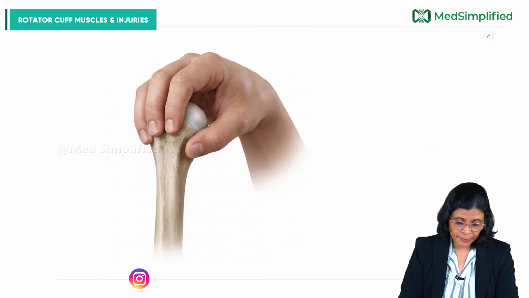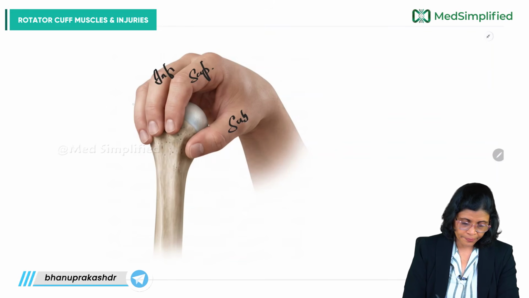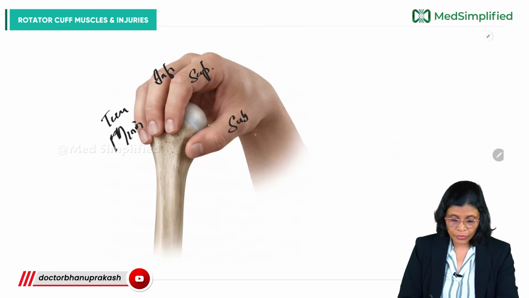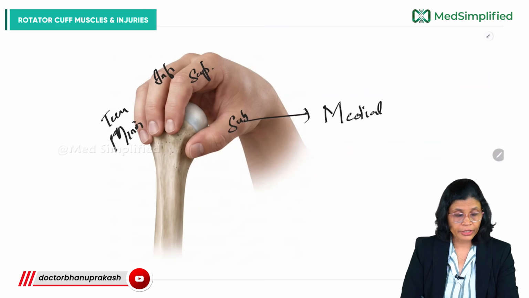The thumb represents the subscapularis. This is the supraspinatus, the middle finger is the infraspinatus, and the ring finger is the teres minor. Subscapularis is basically the medial rotator of the shoulder joint.